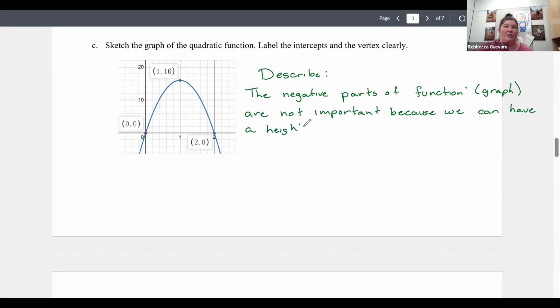If we did, that means the ball is driving into the ground. We cannot have a height less than 0 feet. That doesn't make sense. So that is one problem that we have.